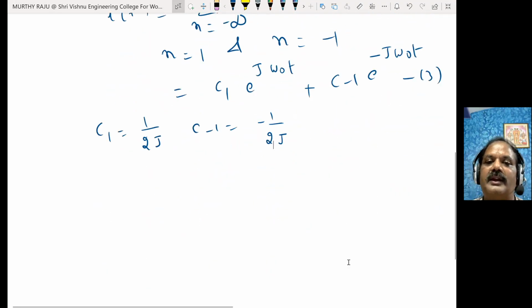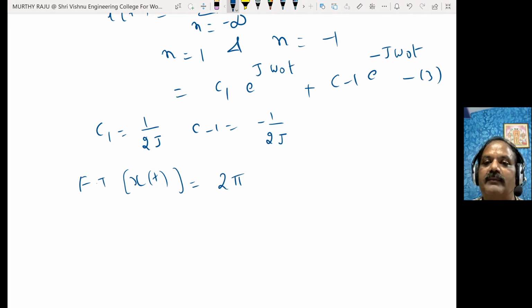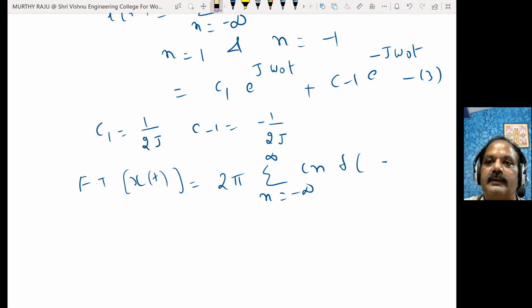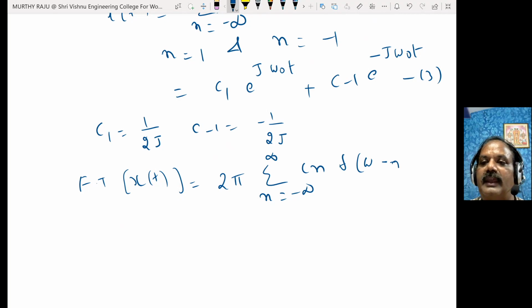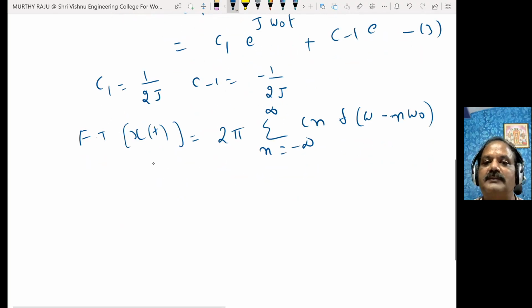According to this, we know that the Fourier transform of a periodic signal x of t, and a sinusoidal signal is a periodic signal, is equal to 2 pi sigma n is equal to minus infinity to plus infinity c n delta of omega minus n omega naught. Here n is equal to 1 and n is equal to minus 1.